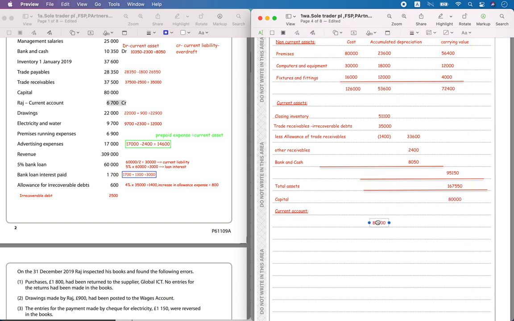So the balance was around 6,700. Let's write that.